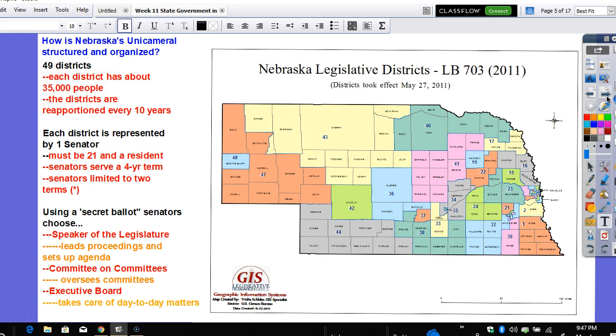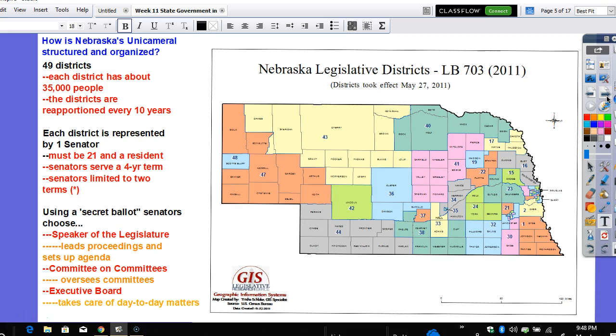Just like at the national level, committees are the backbone of the state legislature. In all actuality, that's where most of the work is done. State senators also choose an executive board. The executive board runs the day-to-day matters of the state legislature.